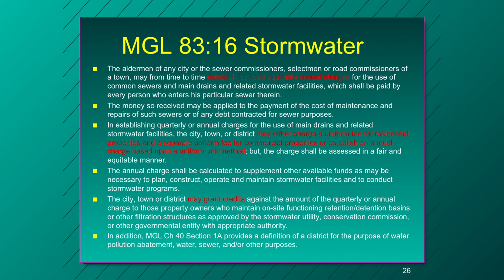So here's the stormwater statute, and I'm not going to read you the whole thing from Chapter 83, Section 16, but it allows you to establish just and equitable annual charges, and you may either charge a uniform fee for residential properties and a separate uniform fee for commercial properties, or establish an annual charge based upon a uniform unit method, and that's the residential dwelling unit method that we referenced earlier.